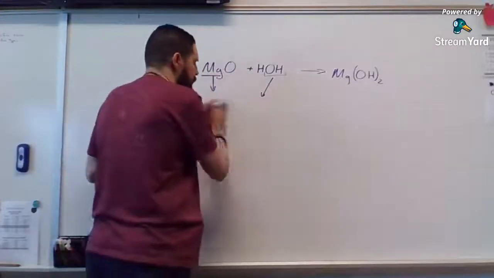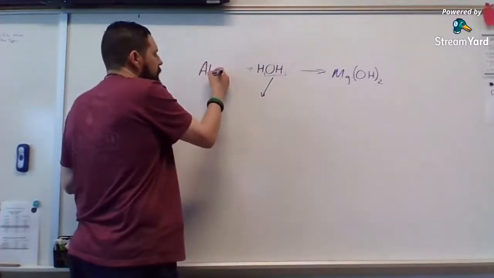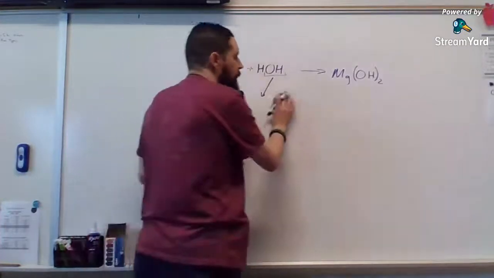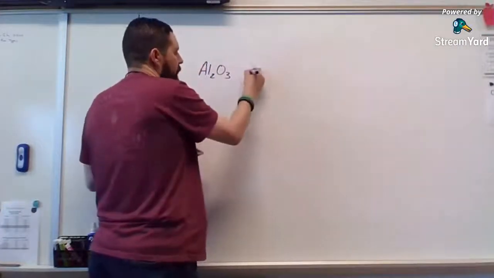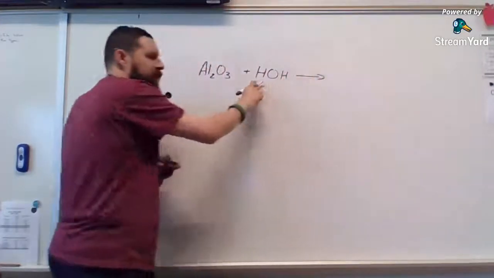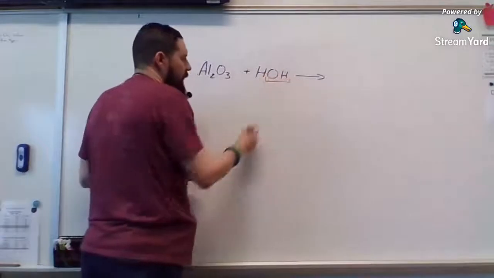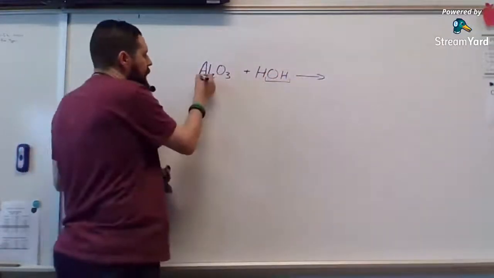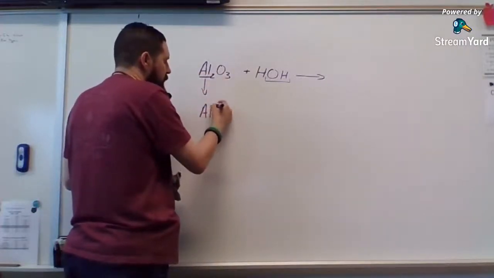So let's take a look at another one. Let's take our aluminum oxide that we got a little bit ago, Al2O3, and react it with water. Again, I'm always going to think about water in terms of HOH. It's still 2 hydrogens, 1 oxygen. As soon as I see that OH and I've got a metal oxide, I'm interested in the metal component, in this case aluminum.